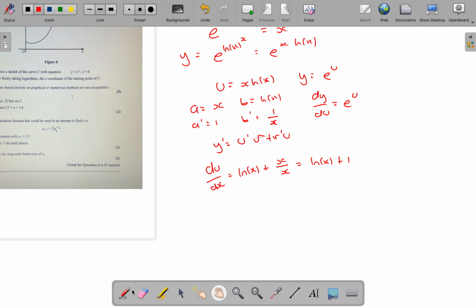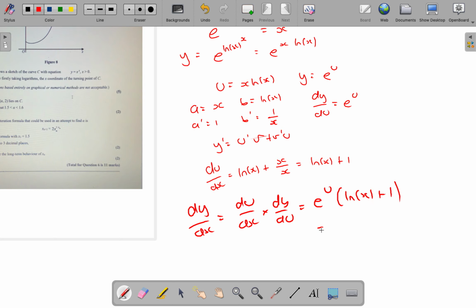So from here, dy dx is equal to du dx times dy du, and this is equal to e to the u times ln x plus 1, which is simply going to equal e to the x ln x times ln x plus 1.